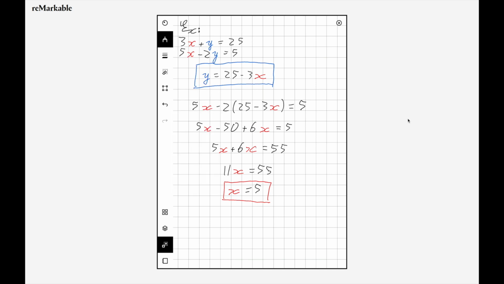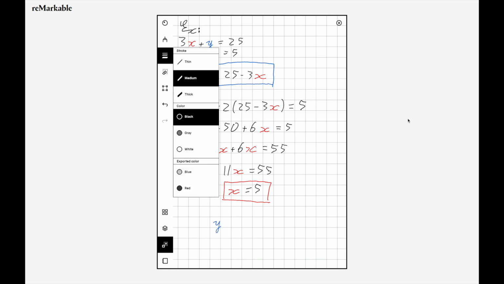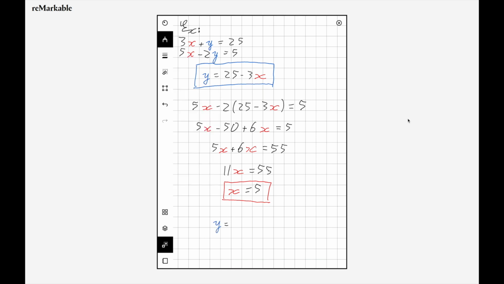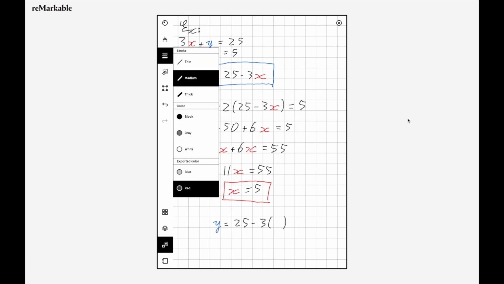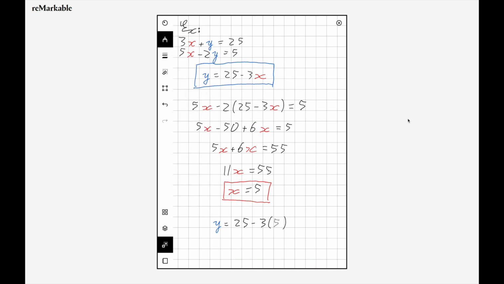And what does that look like? That looks like this. y is equal to 25 minus 3, and then let's do this 5 in red, just so that it's clear that the x is the 5. The x has turned into the 5.